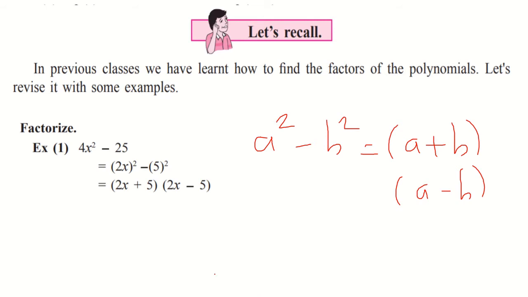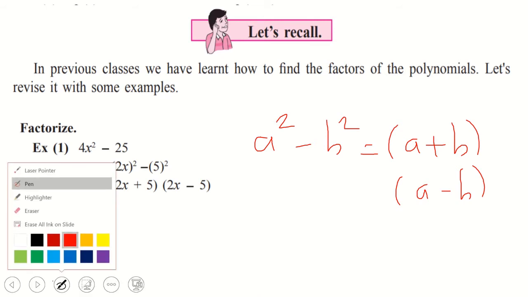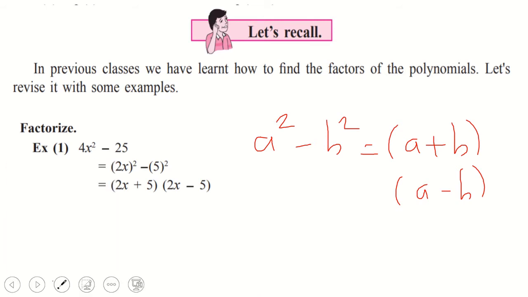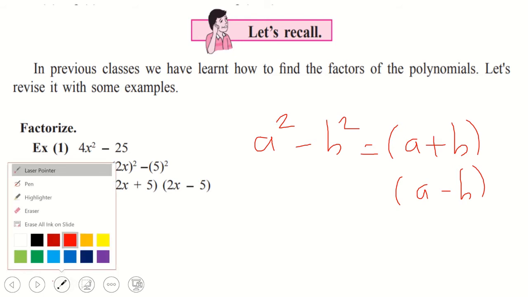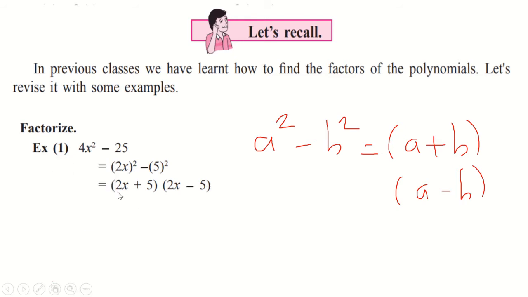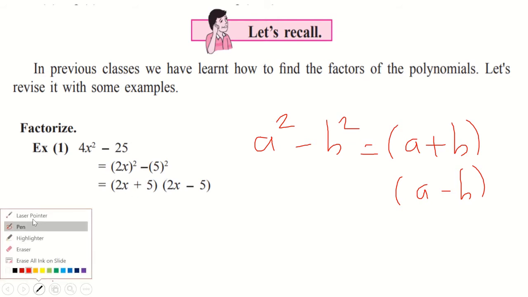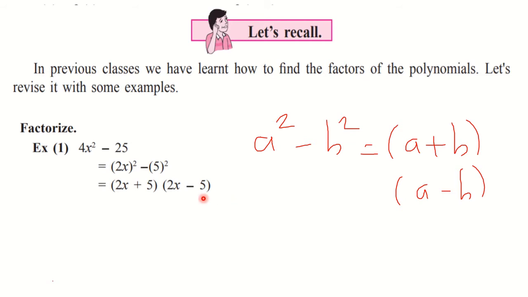Clearly you can see here that in place of a you have 2x, and in place of b you have 5. So a plus b, 2x plus 5 is written, and a minus b means 2x minus 5 is written. Okay, so this way the factors are found out.